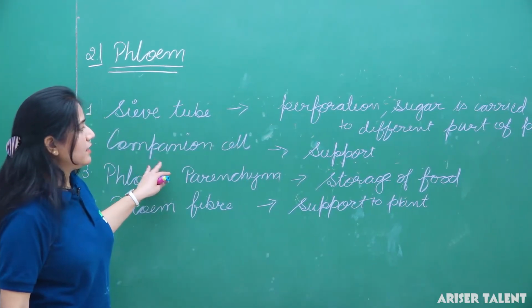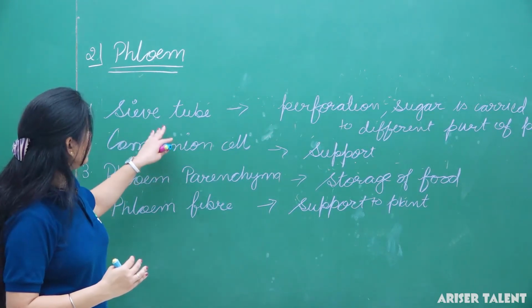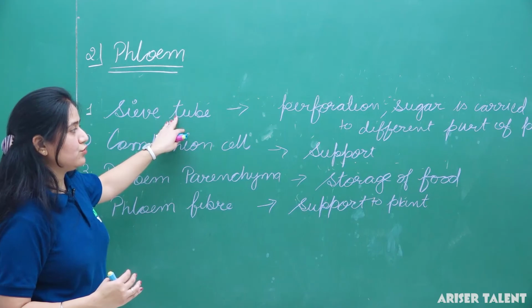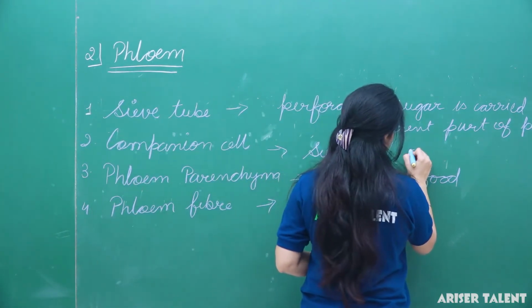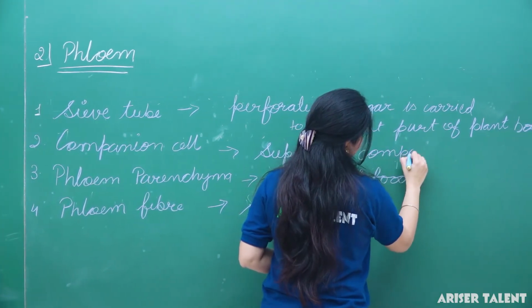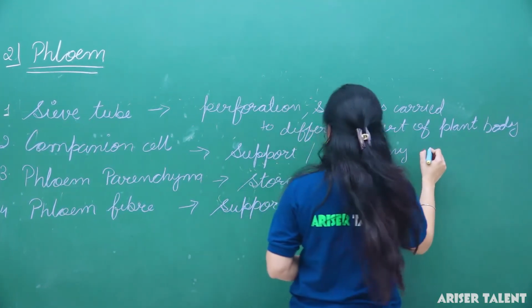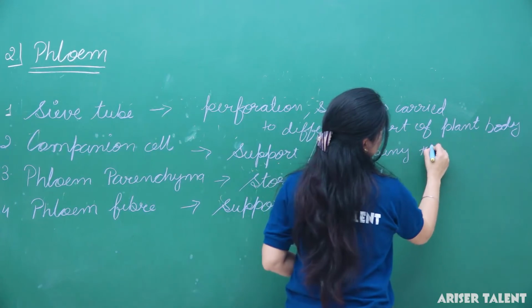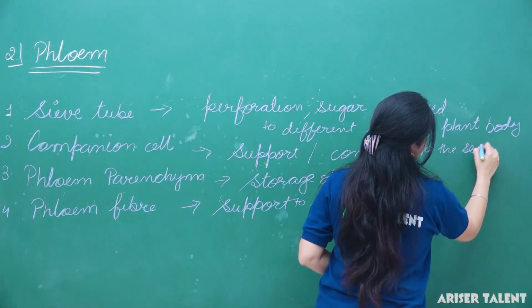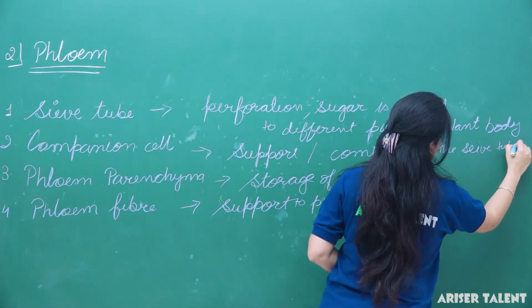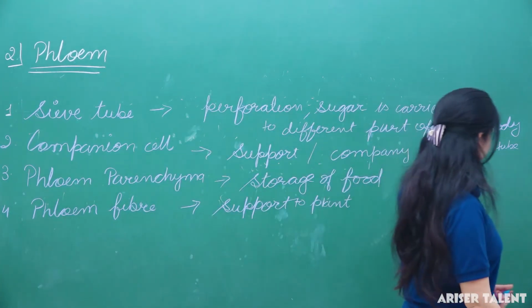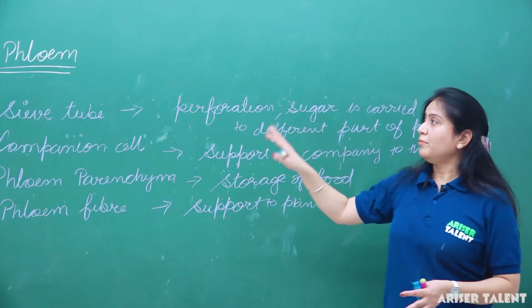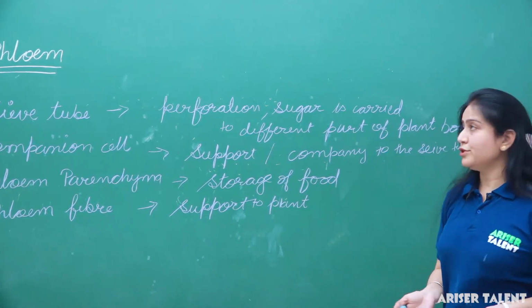Companion cells give company or support to the sieve tube or to the plant. Now this was the complete explanation of xylem and phloem tissues.